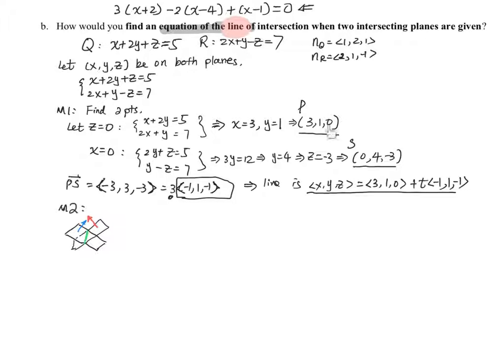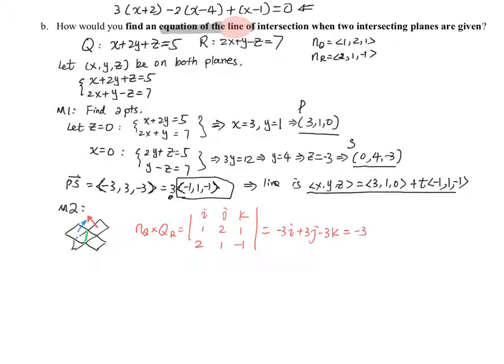I already have a point, and now I just need the direction of this green line. So how do we find the direction of this green line? Because it's perpendicular to those 2 vectors, we can simply find the cross product of these 2. I'm going to leave that to you to verify. After the algebra, the cross product is going to be negative 3i plus 3j minus 3k.